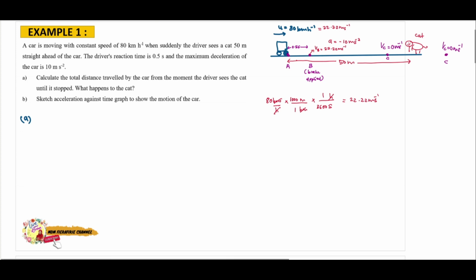So let's write the solution here. First we want to calculate what is the distance travel from A to B dalam masa reaction time 0.5 seconds.